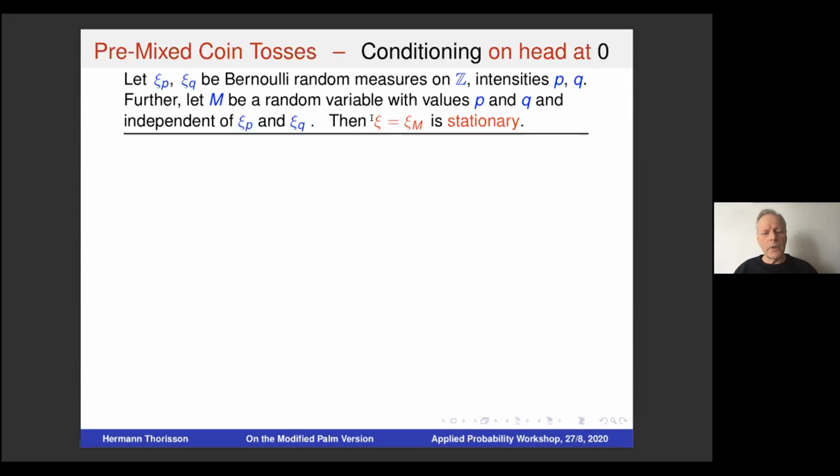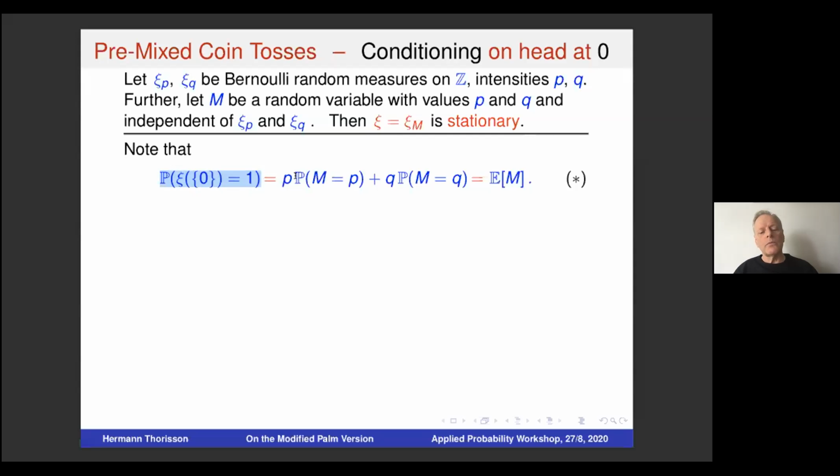And I will use psi for the choice of the coin tosses. Okay, so here is the probability of a head at the origin. So it's very simple. We just take the expectation of M, like that.